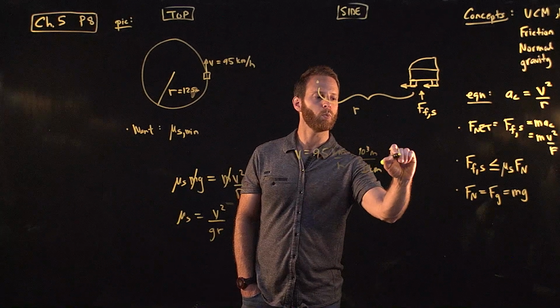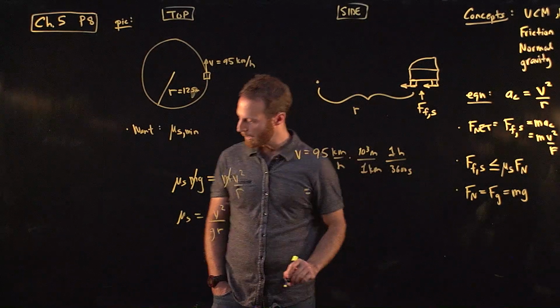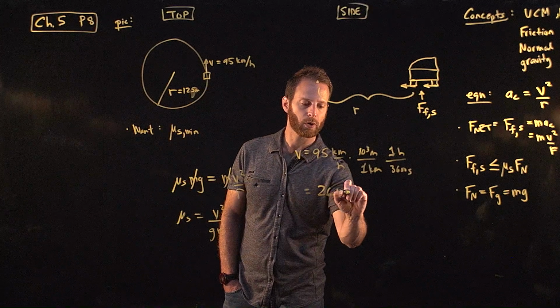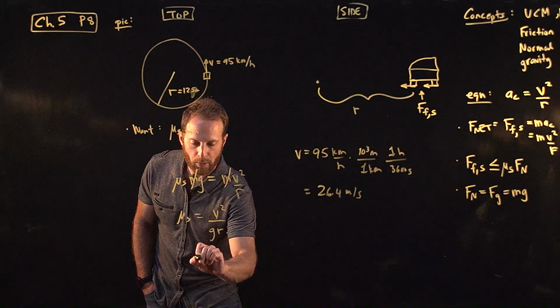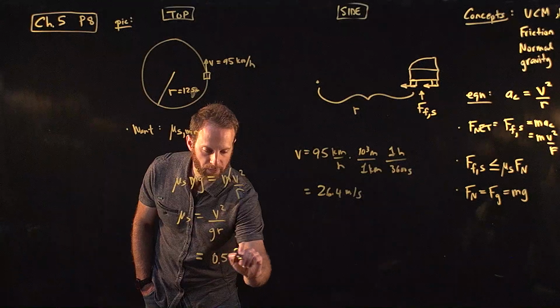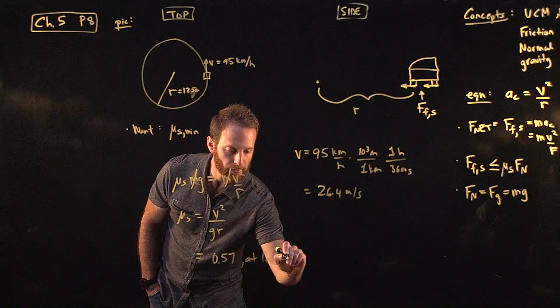And we know that in 1 hour there are 3,600 seconds. And so this turns out to be 26.4 meters per second. With all those numbers put in place, we learn that mu s has to be 0.57 at least.